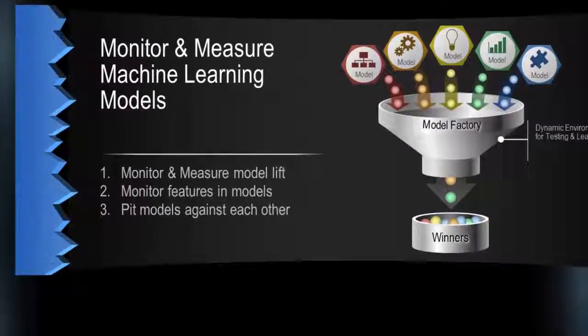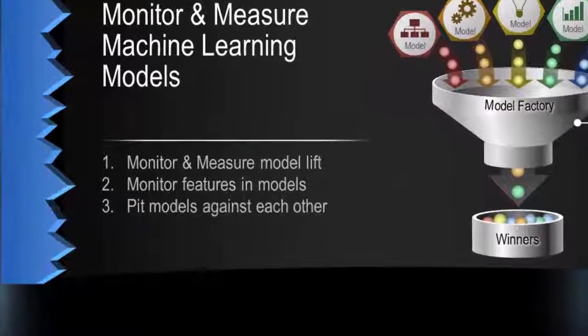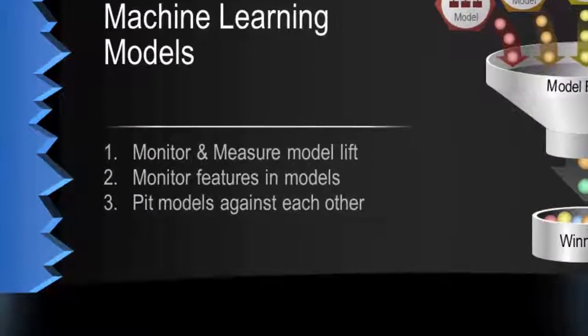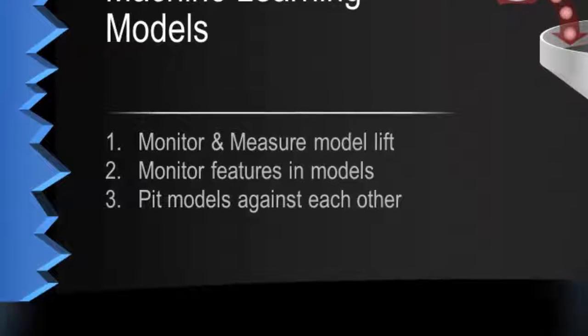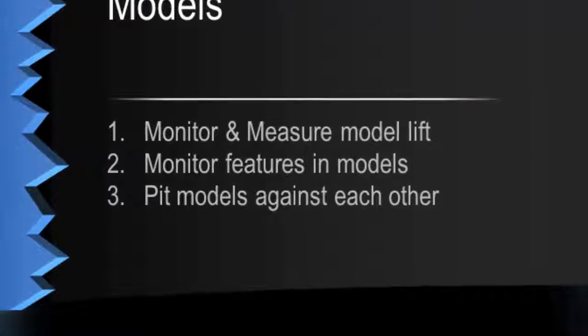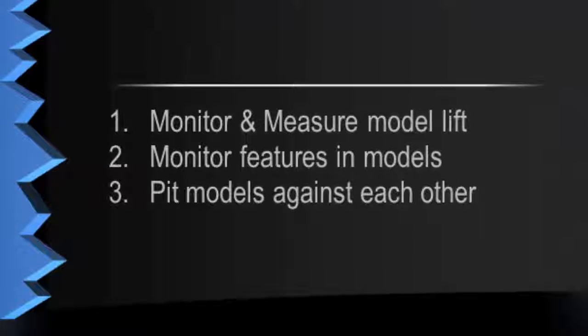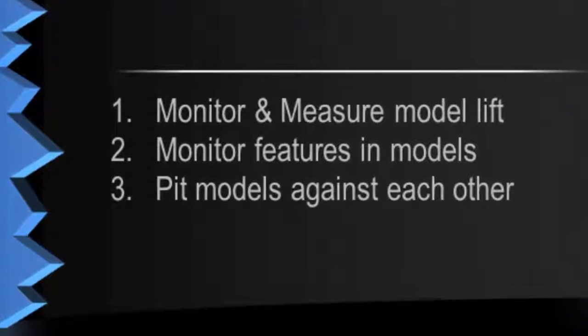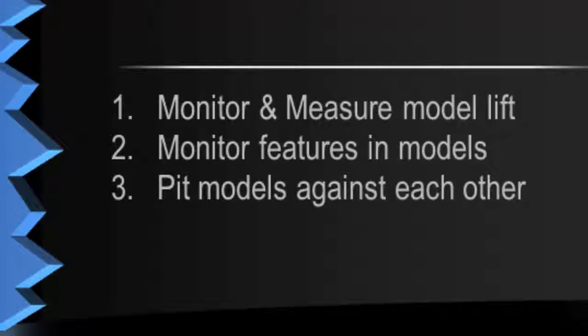You're going to monitor model features, and these are just the attributes, the data that is predictive. So that's all it is, really. And you're monitoring how effective they are, what attributes you've got, and whether you've got the right ones. And then the last thing you're doing is pitting models against each other in a champion-challenger kind of approach, and you're finding winners. So let's get into measuring lift.